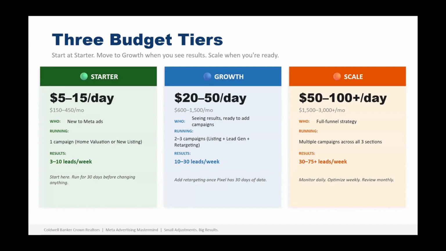Keep your ad spend low because you don't have the pipeline yet to be able to grow that amount. When you're ready to take the next step, go to that growth campaign. If you're ready to really blow up your business, throw $50 to $100 a day behind that ad and see what you get.